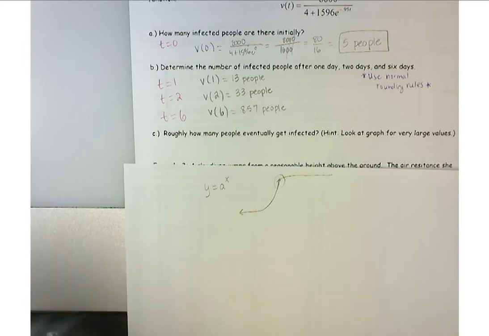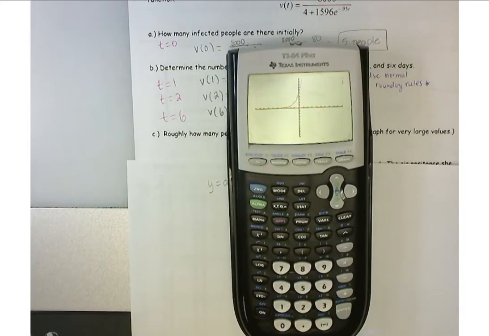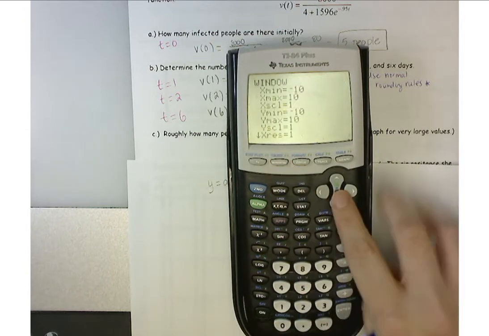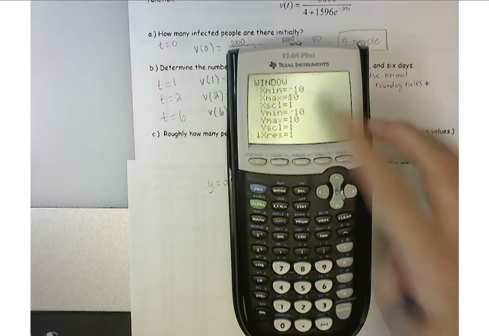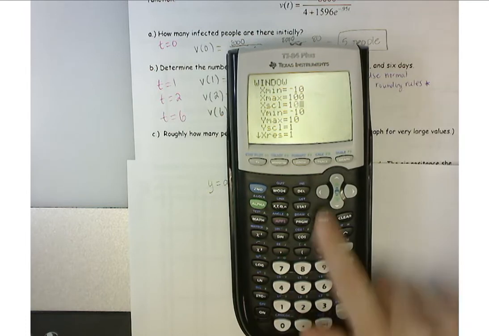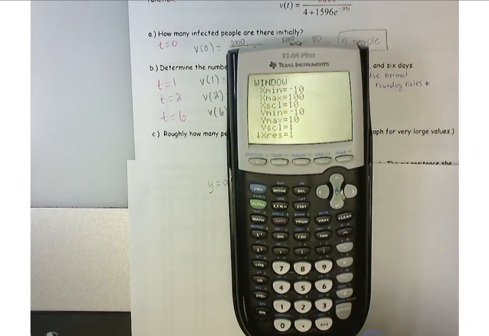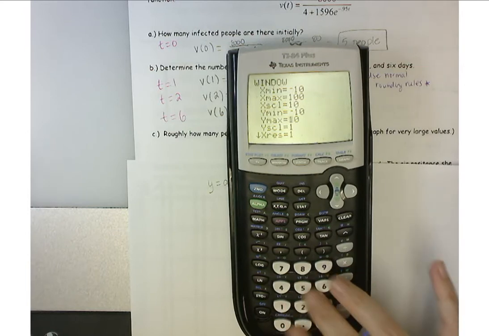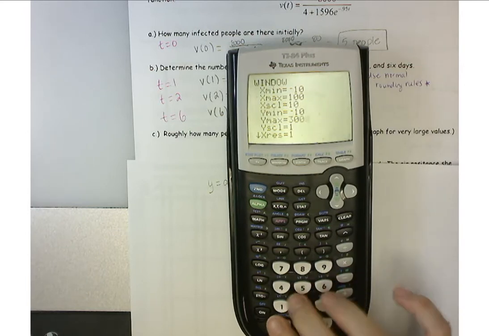Okay, so on your standard window, it does look like just a normal exponential function. If we extend our window to some bigger numbers, like maybe our x, we'll take that out to 100, you can go by tens, my y, I'll take up to 3,000.